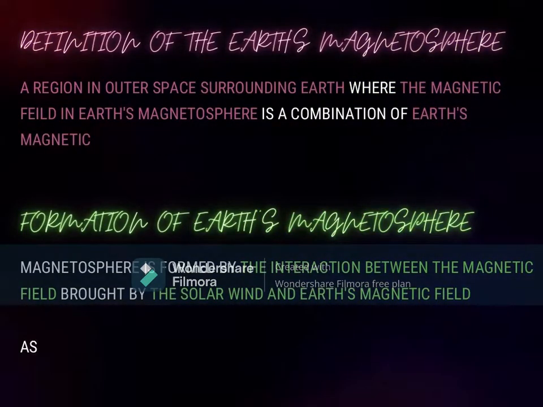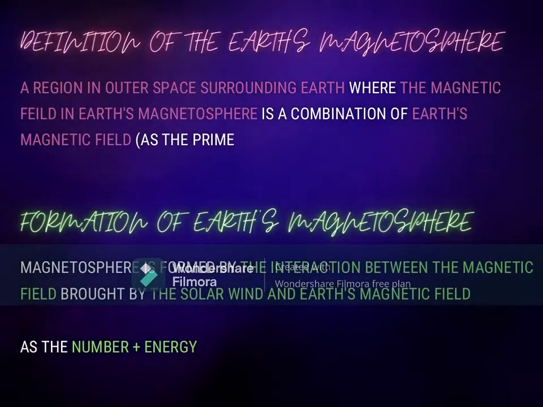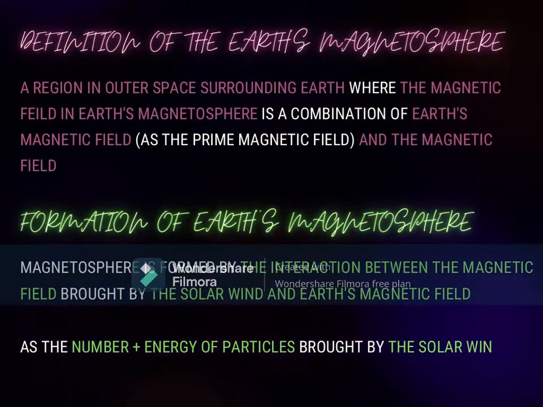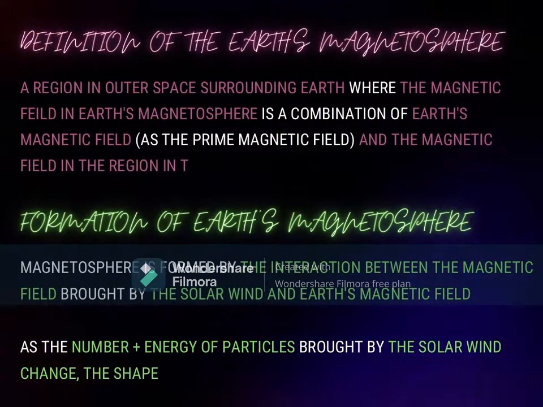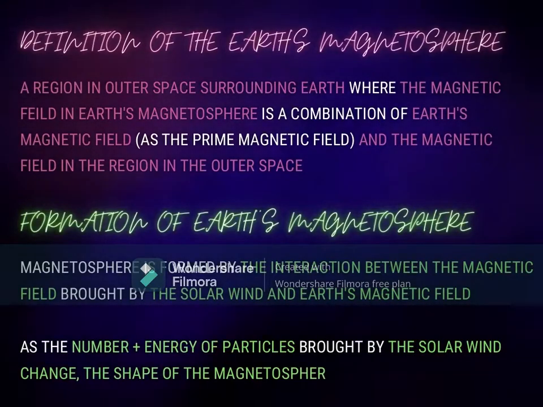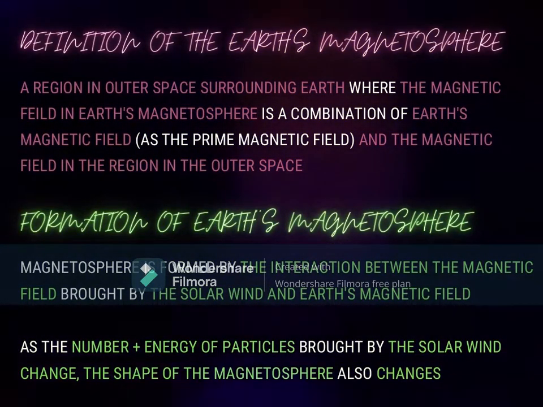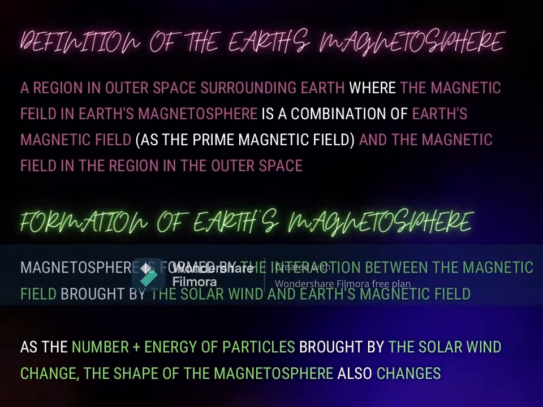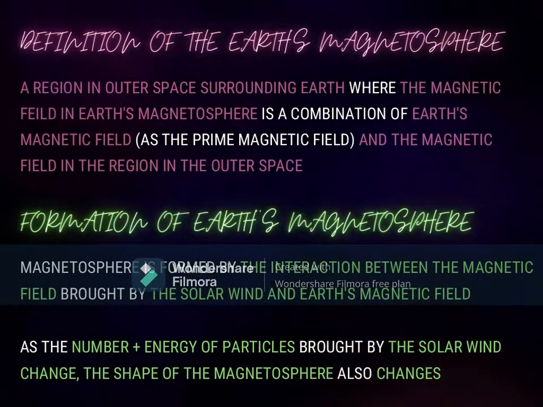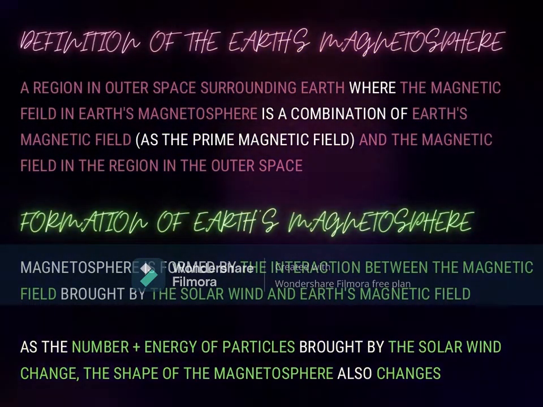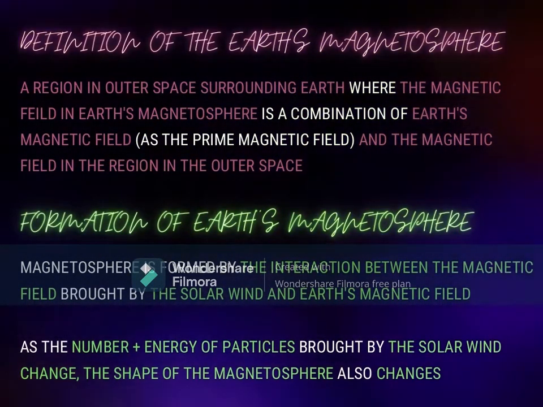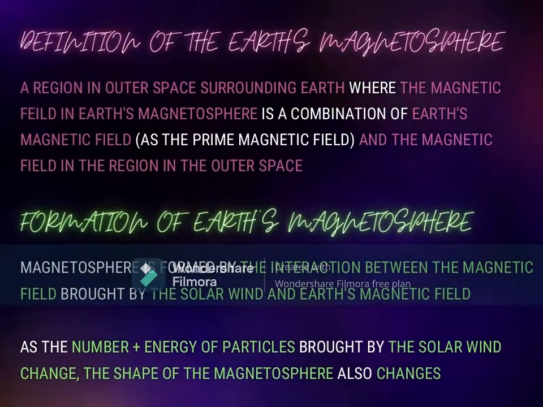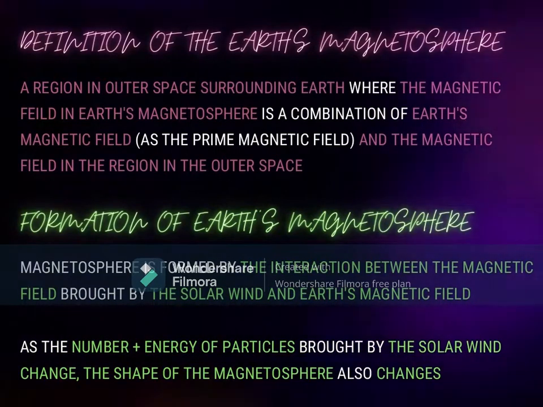Next, the formation of Earth's magnetosphere. How is the Earth's magnetosphere formed? The magnetosphere is formed by the interaction between the magnetic field brought by the solar wind and the Earth's magnetic field. As the number and energy of particles brought by the solar wind change, the shape of the magnetosphere also changes. As we know, solar wind brings particles in plasma such as electrons, protons and alpha particles to Earth.